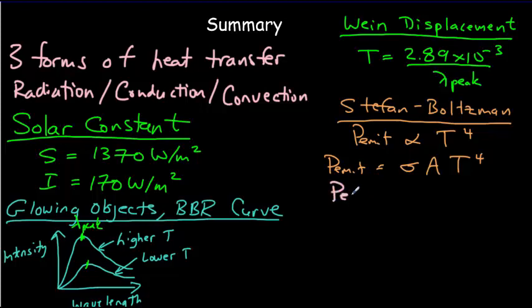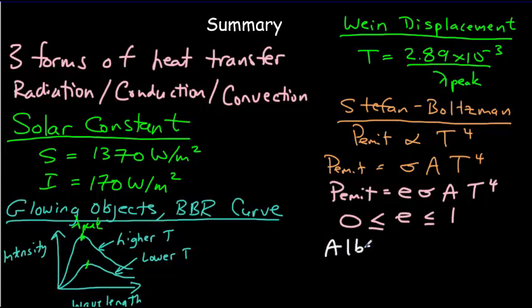So for a gray body, emitted power would be equal to the emissivity times sigma times A times T to the fourth power, where e is a number between 0 and 1, and it's going to equal the power radiated by the gray body divided by that radiated by a perfect blackbody at the same temperature and same physical shape, etc.